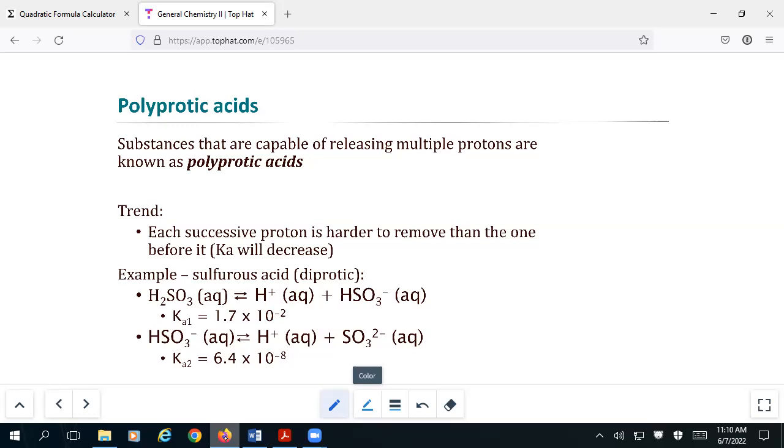There aren't a whole lot of acids that deprotonate 3 times, to be honest. There are some. But by that point, unless you're dealing with a particularly strong acid, those successive deprotonations become harder and harder and harder to do.